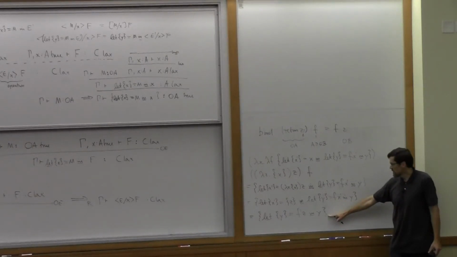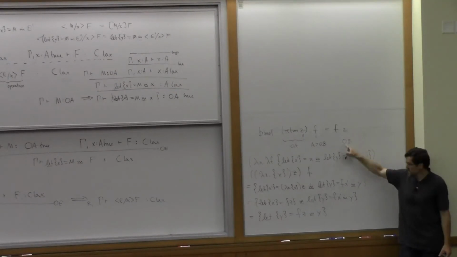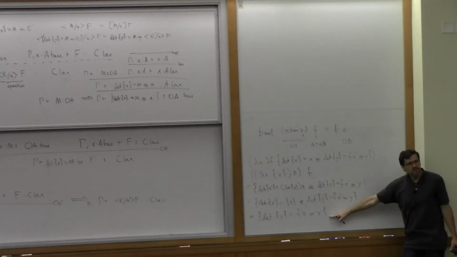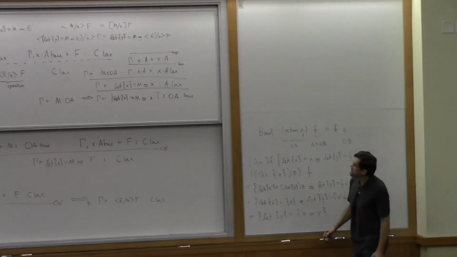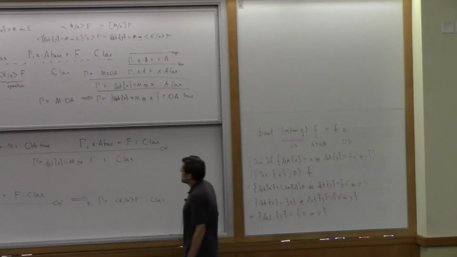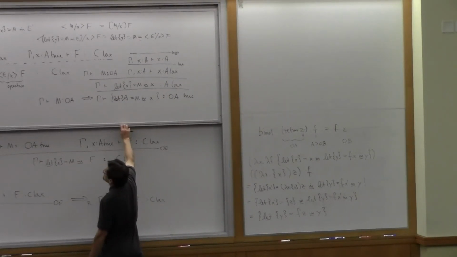Okay, now this is what I want. What do I want as a result? F of z. What do I have? This. Right. Where's our eta rule? Here. Wait, where is it? Here. Okay.